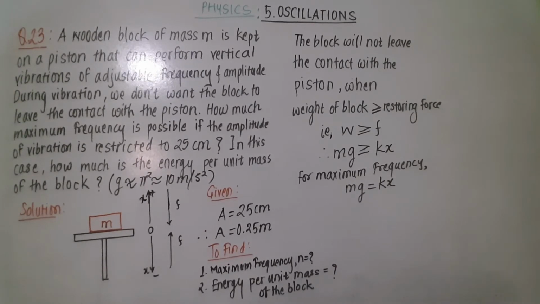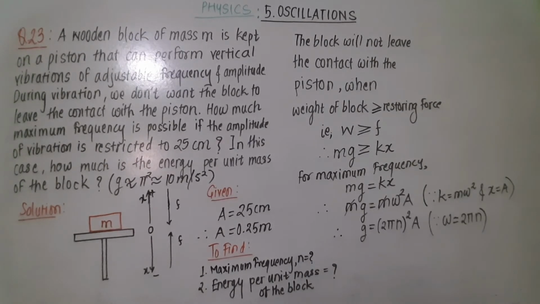For maximum frequency, mg is equal to kx, where x is equal to amplitude for maximum displacement and k is equal to m omega square. So we get, since omega is equal to 2 pi n, g is equal to (2 pi n)^2 into a.